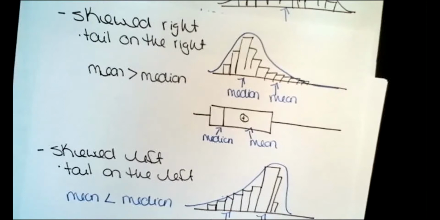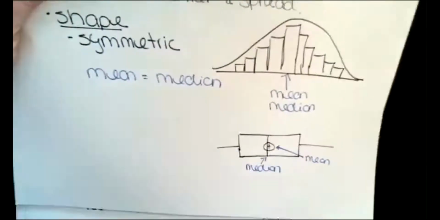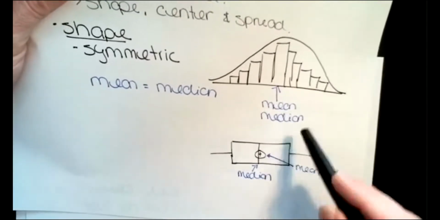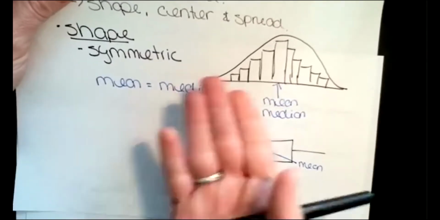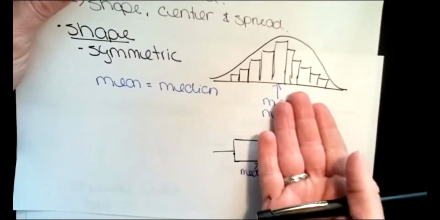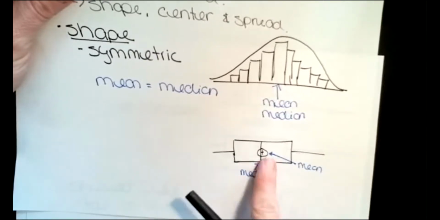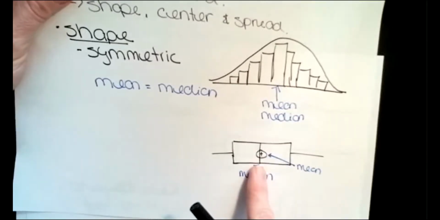So remember, telling the shape, and that's what I was doing here, you don't need all three, right? You don't need a box plot and a histogram and the mean and median. You just need one, right? You can take one of those. And usually a graph is really simple to have Minitab do, and you can get a really visual idea of what's going on.